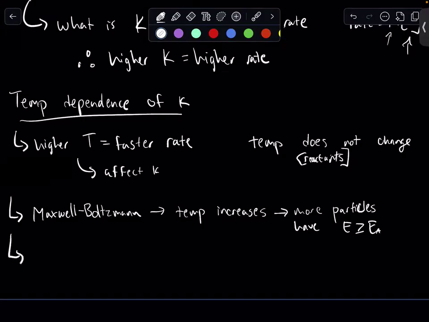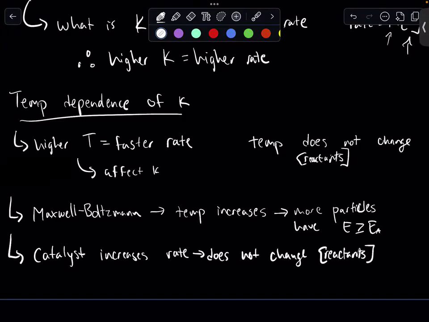We also know that if we use a catalyst, it increases rate, therefore it must change K. But we also know a catalyst increases rate, but it does not change reactants.